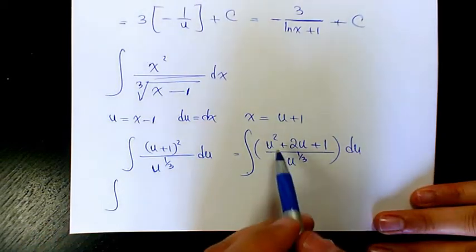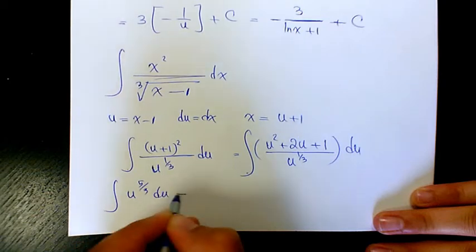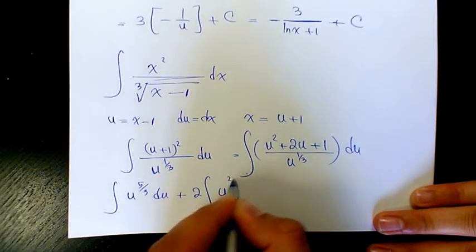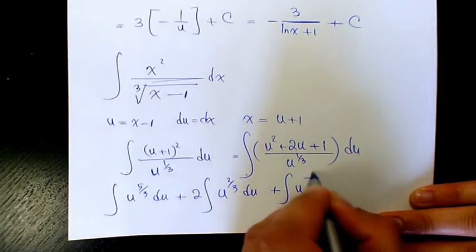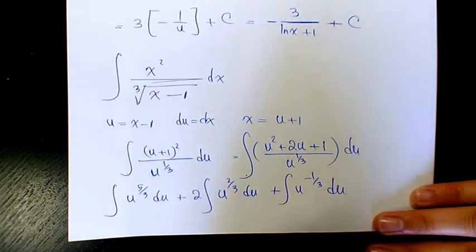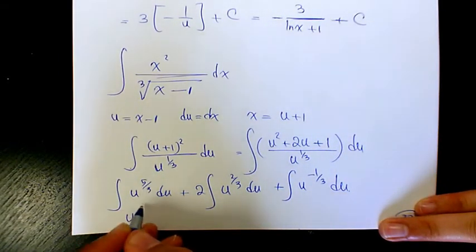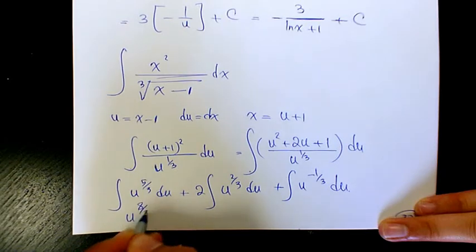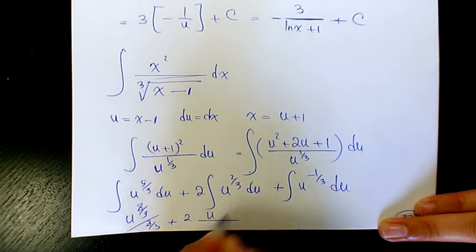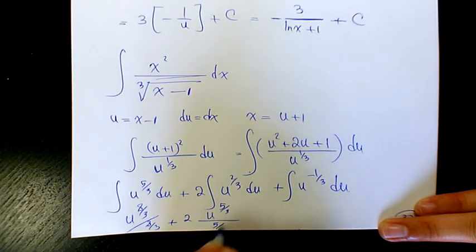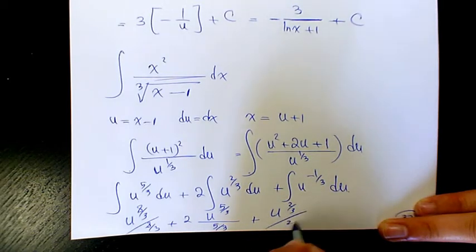And that's going to be u to the 5 over 3 du plus 2 u to the power of 2 over 3 du plus u to the power of negative 1 over 3 du. And that's going to be u to the power of 8 over 3 over 8 over 3, plus 2 u to the power of 5 over 3 over 5 over 3, plus u to the power of 2 over 3 over 2 over 3, plus c.